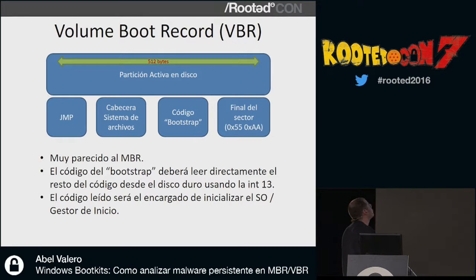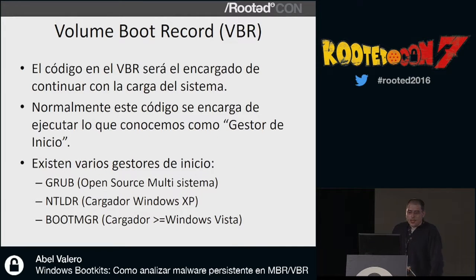Volume boot record. It has a jump onto code, and there is some file system header. Here is information regarding the Windows partition. If it's an NTFS partition, it houses information regarding the partition sector. FAT, and so on.